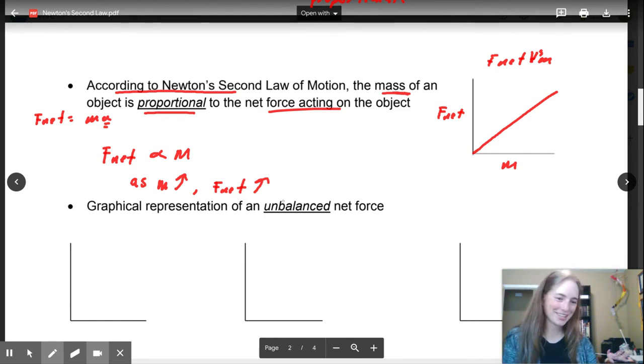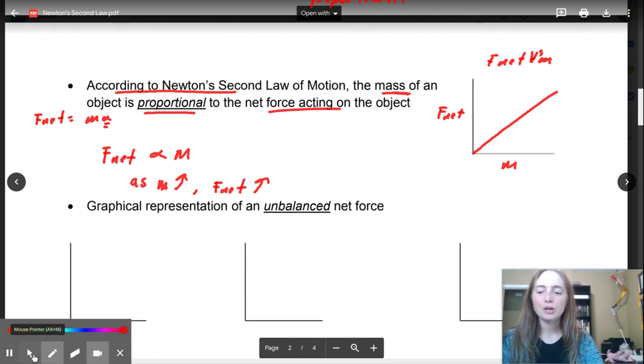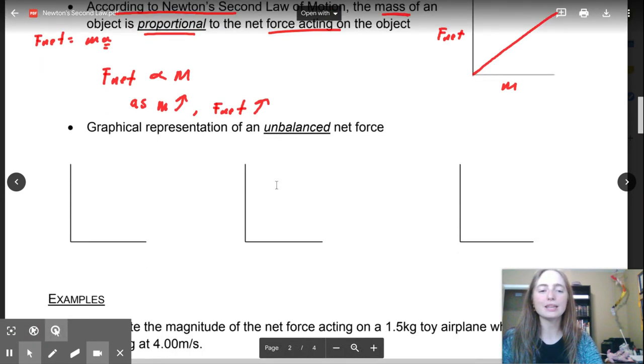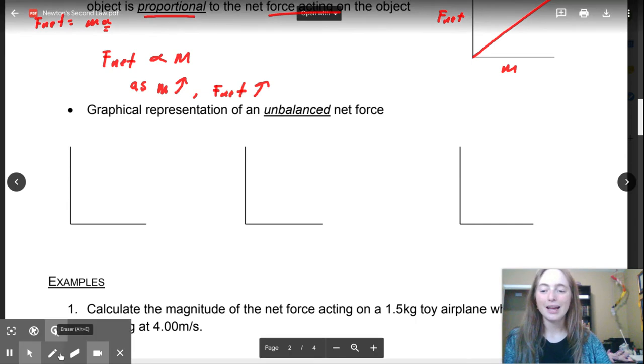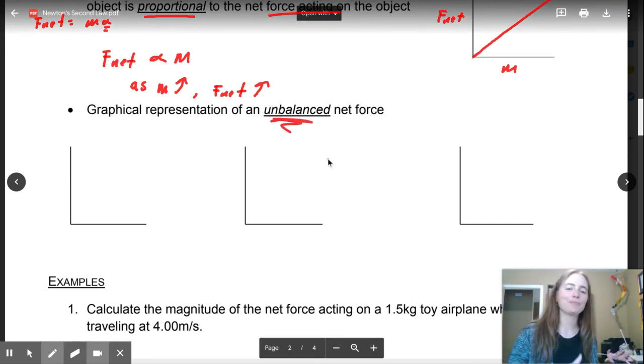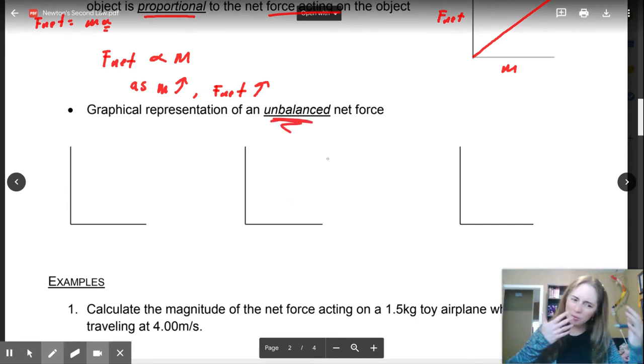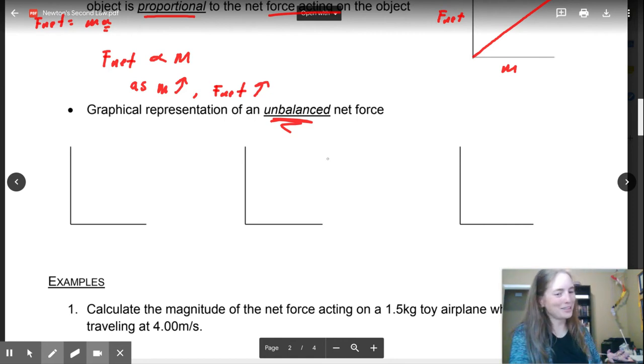Sounds good? Cool beans. There's also a couple of different ways that you can graphically represent an unbalanced force. So, when are we going to have unbalanced forces? When an object is accelerating. Okay?